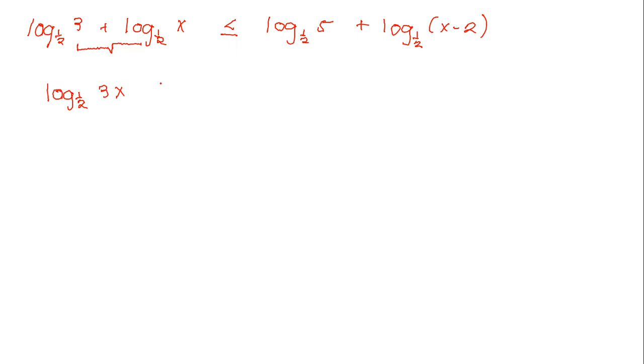Copy the symbol, less than or equal. And then ito namang side po yung gagawin nating single form. Pareho ng base, check. So logarithm with a base of 1/2, and then multiply 5 by x minus 2. So both sides of the inequality were written into single logarithmic form.